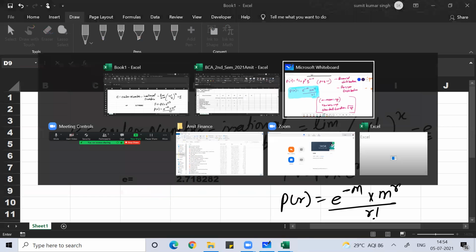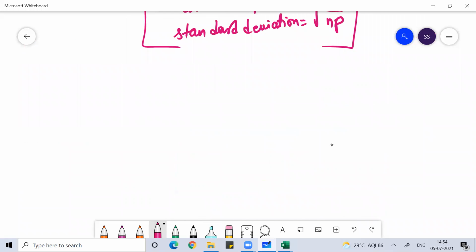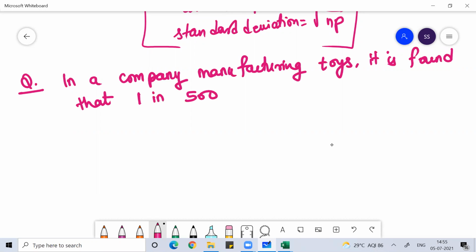Now let's do one problem to make you understand the concept of problems of Poisson distribution. Suppose your problem is like this: in a company manufacturing tyres, it is found that one in 500 is defective.